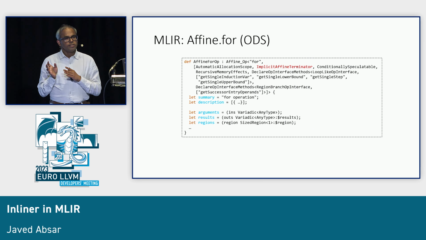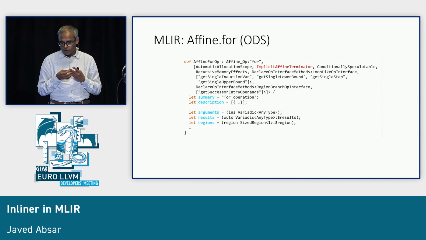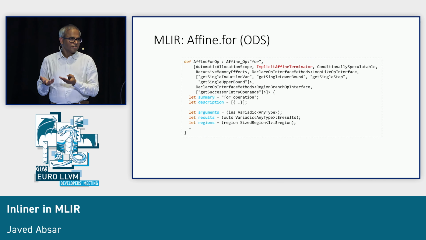We'll talk a lot about interfaces, so I'll just talk about traits a bit here. Traits are constraints or properties. In this case, for example, the one in red is an implicit affine terminator. So this op says my terminator is implicit, and it's a specific subclass of the terminator, which I call the affine terminator.